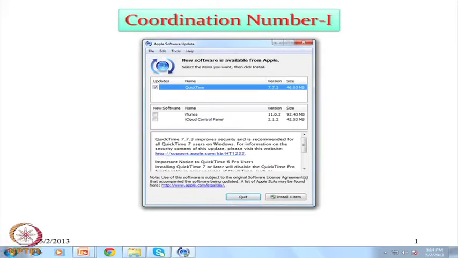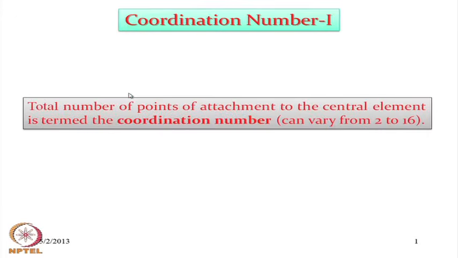So, if we just proceed in this manner for this first class, which is devoted to coordination number part 1, and how we can define this particular system is that the total number of points attached to the central element, what we are just now discussing, the total number of fluorine atoms attached to the boron center, we can call them the coordination number.